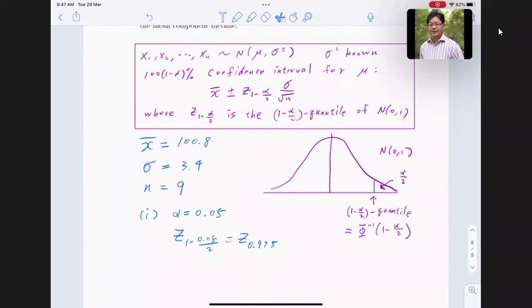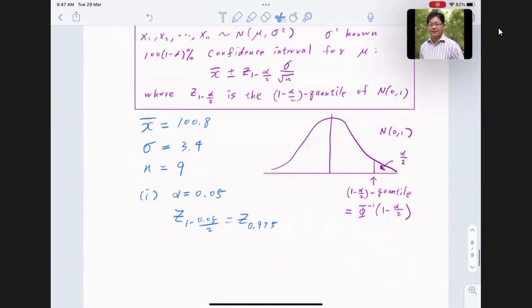To determine this 0.975 quantile, we need to use the standard normal distribution table. We look up the table for the quantile, or we use R, just like what you've done in the lab a few weeks ago. From the table or by using R, you will find that this quantile is 1.96.